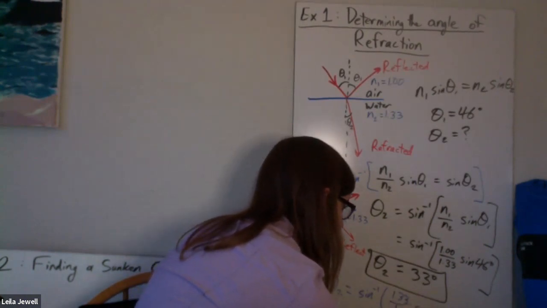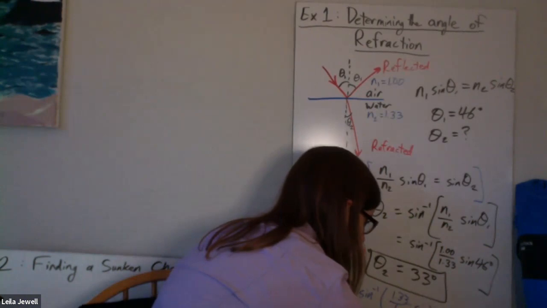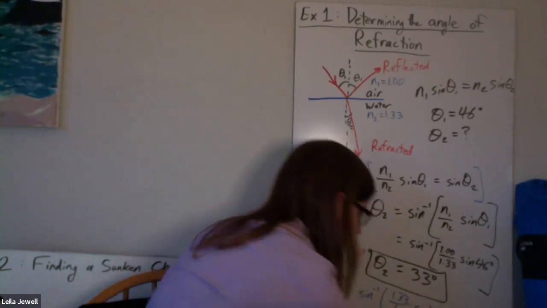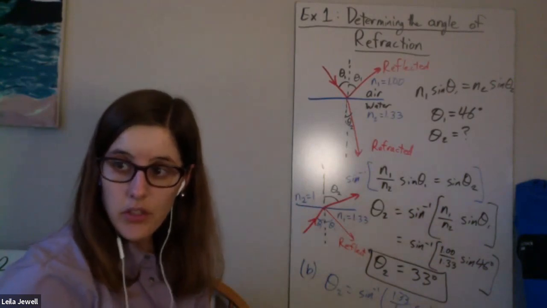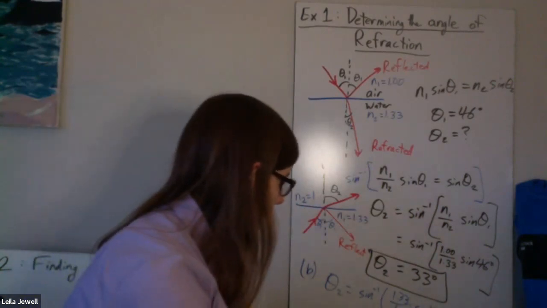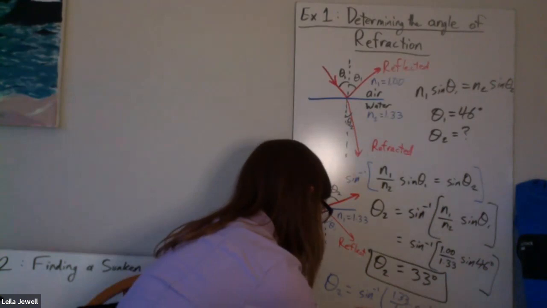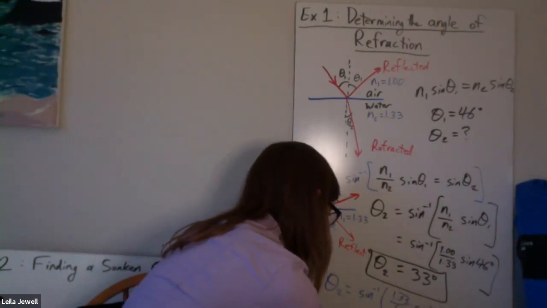My incident angle is still 46 degrees. And so when you plug it in, you should find that it comes out to not 33 degrees this time, but 74 degrees.